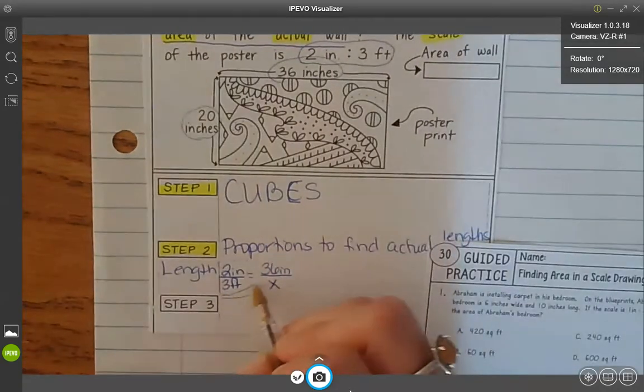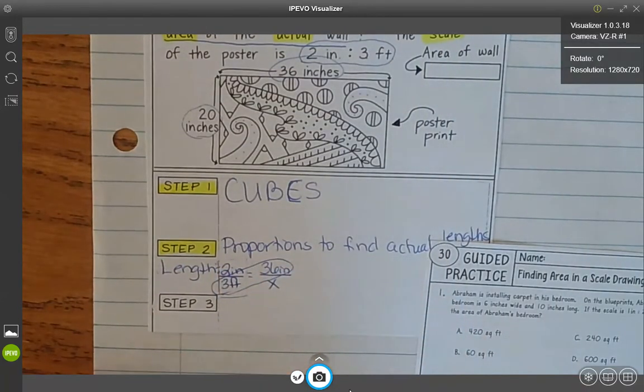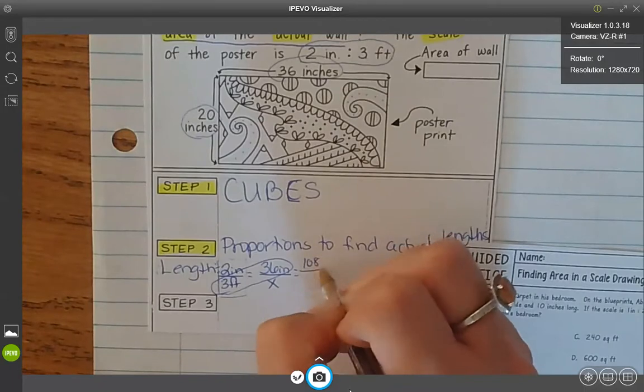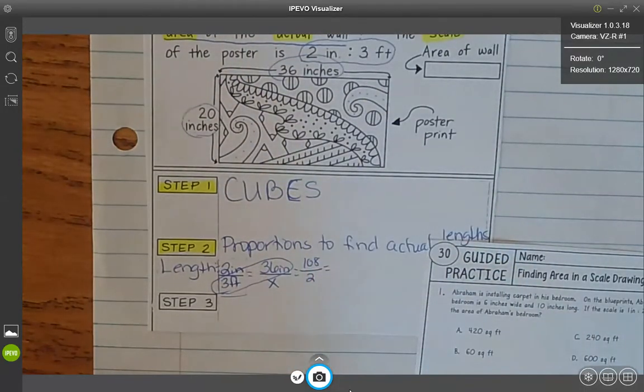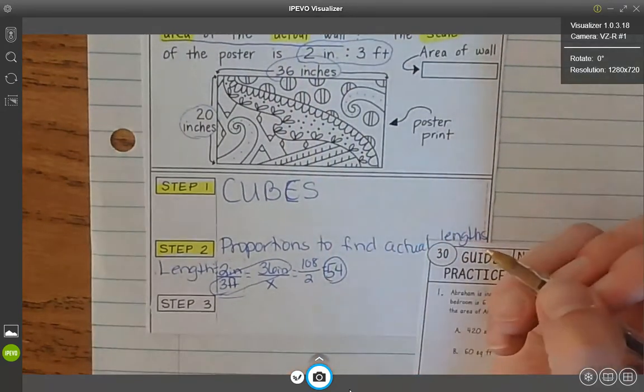That's when you go across and you multiply 3 times 36, and then you divide by the number that you did not circle. Okay, what did you get? 54. Good. There's one number.